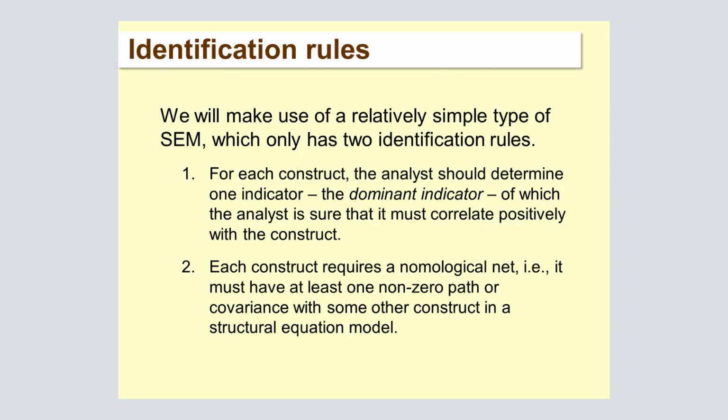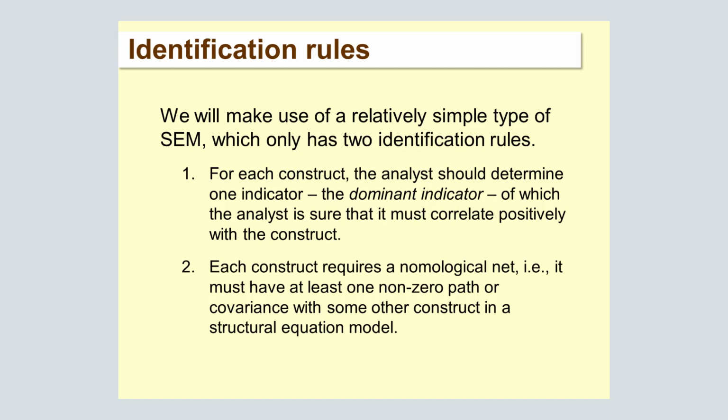In order to ensure identification, researchers usually follow sets of identification rules. For the kind of structural equation modeling we are covering, namely composite-based structural equation modeling, there are essentially only two identification rules that play a role. All other aspects of identification are taken care of automatically.